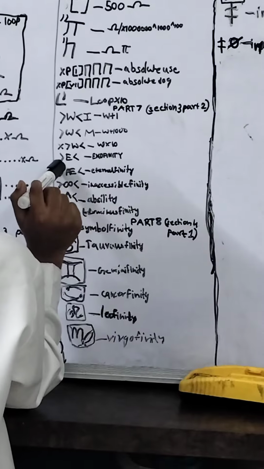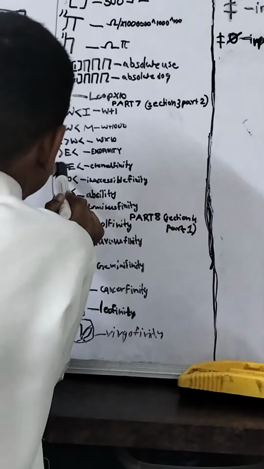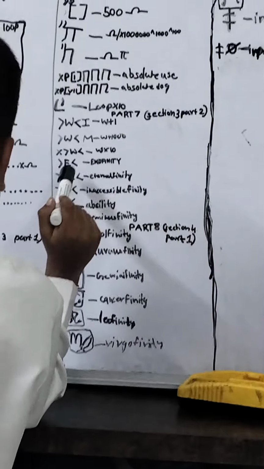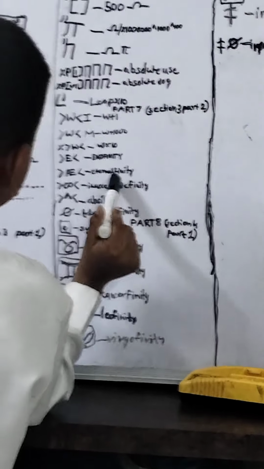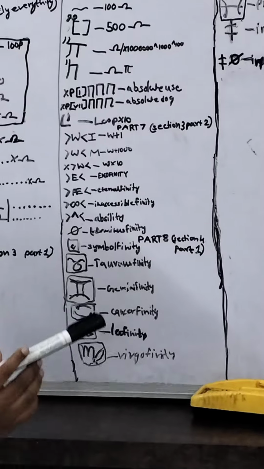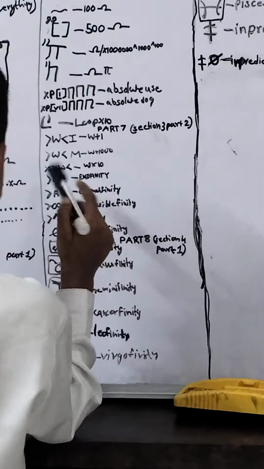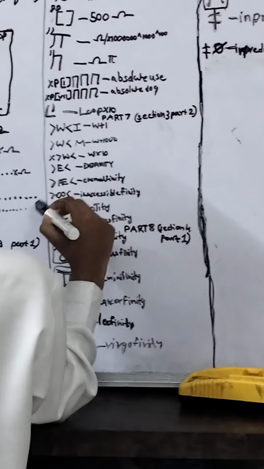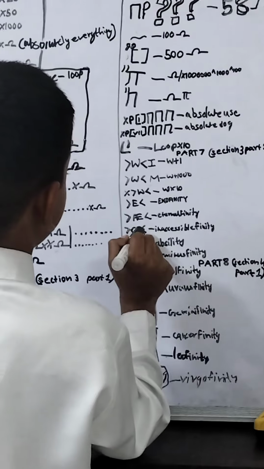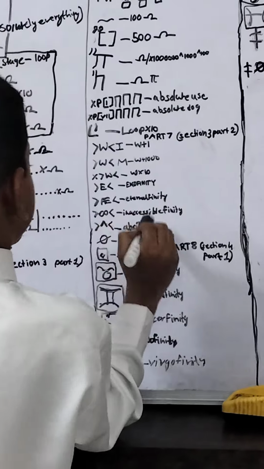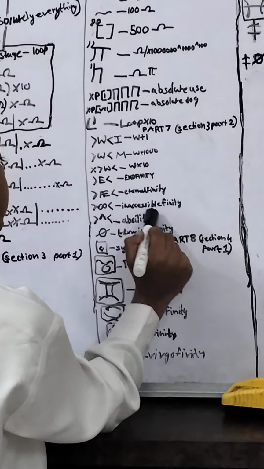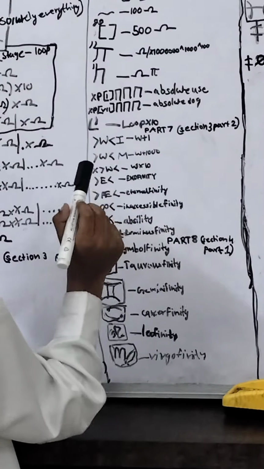And this greater than symbol ae less than symbol is equal to eternal infinity. They can raise their hands who knows eternal infinity. And this greater than symbol, infinity itself is there, and then less than symbol is equal to inaccessible infinity. Please raise your hands if you know this.